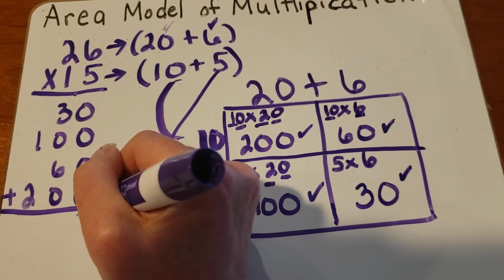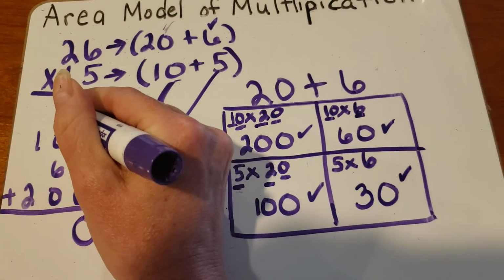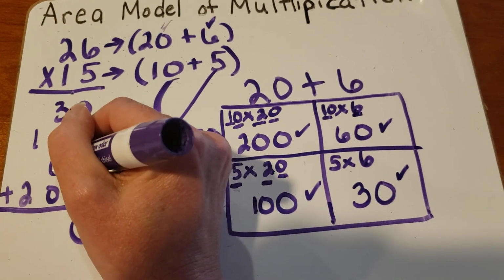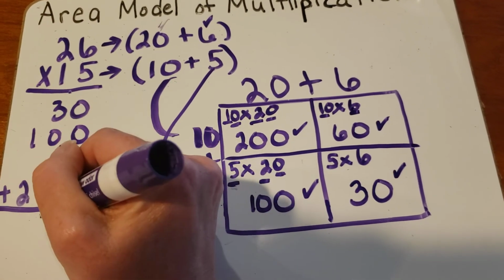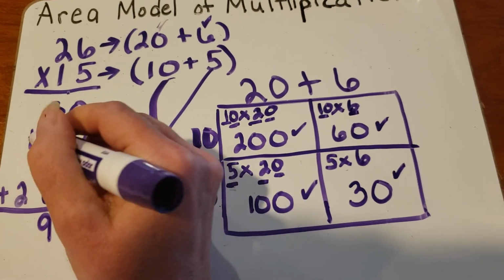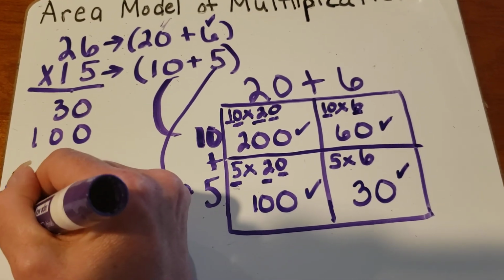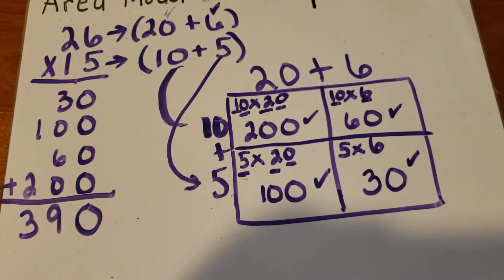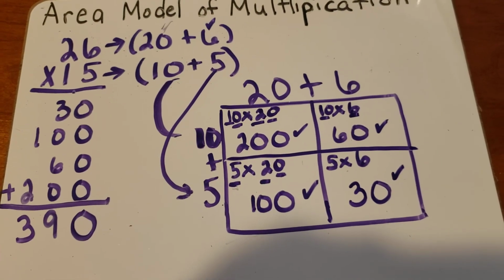I'm adding all these zeros. 3 plus 0 plus 6 plus 0. So 3 plus 6 is 9. And then 1 plus 2 is 3. So 390 is my final answer.